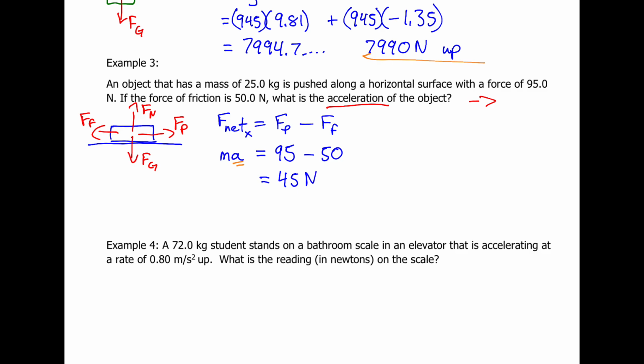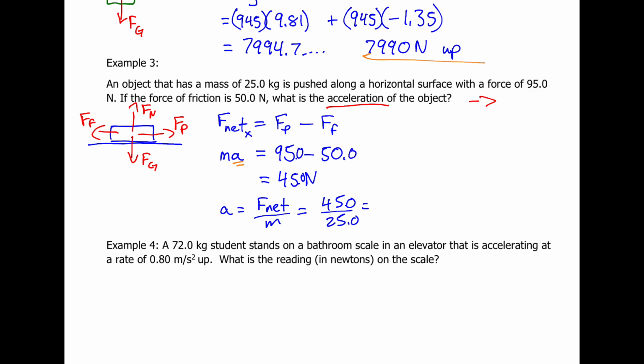But I need to figure out what the acceleration is. Do I know what the mass of this object is? Yeah, 25, right? So acceleration will just be F net over m. So 45 over 25. I guess that's technically 0.0 on all of these. I lost all of my significant figures. So we're going to get 3 out of this.